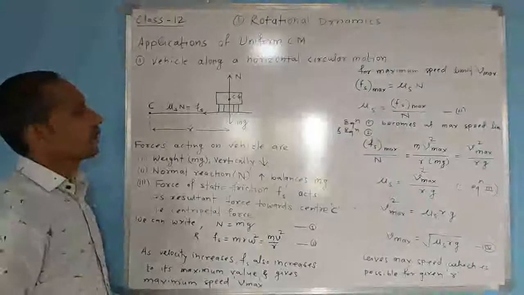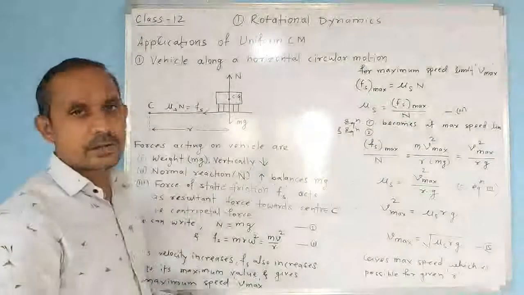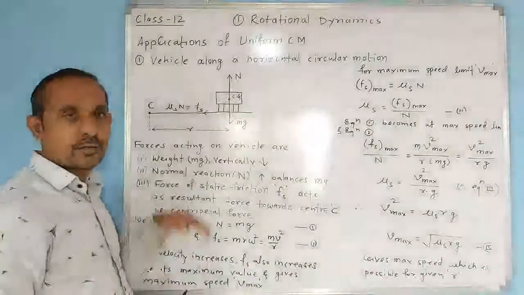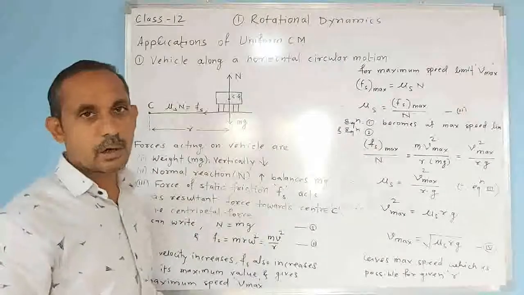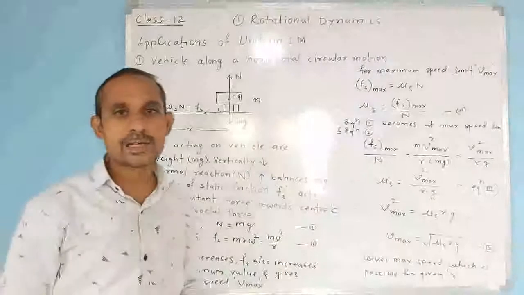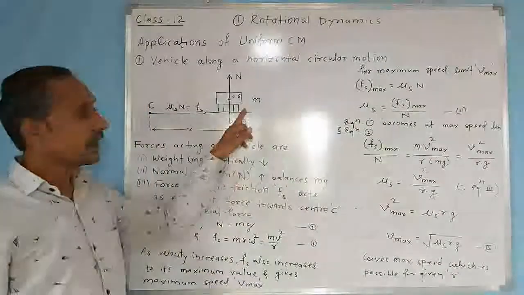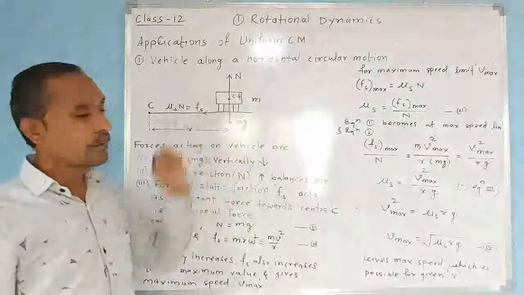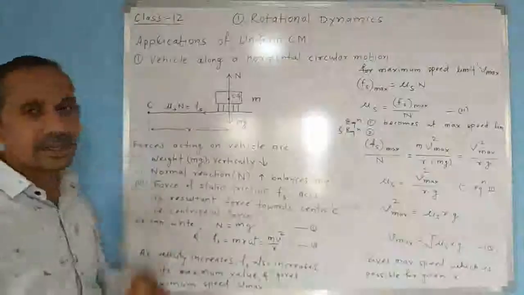Let's see the vehicle which is moving along this circular track, which is horizontal, has mass m, and this vehicle is performing uniform circular motion along this horizontal track.